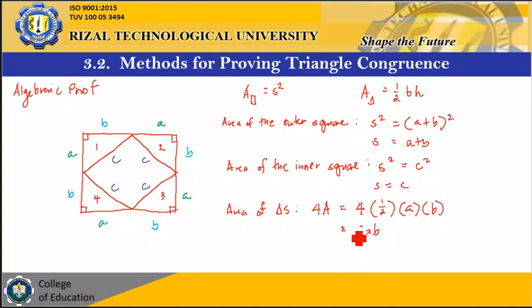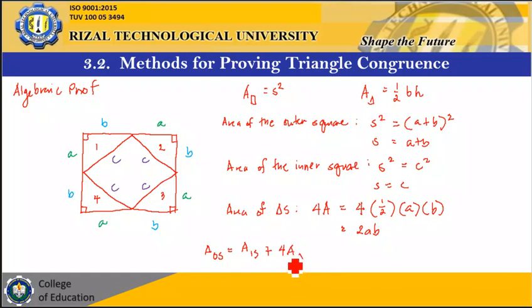Now, we know that the area of the outer square, the largest square, is equal to the area of the inner square and the area of the 4 triangles that we have. Do you agree?